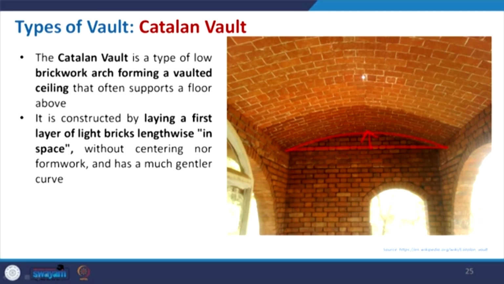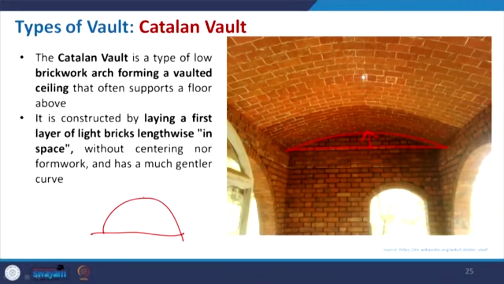This kind of vault is used where the upper portion of the vault is to be used, because whenever you increase the rise it will give you a better result, but definitely you cannot really use this space unless you fill it with some material. But if you make it almost flat, you can use minimum material to make it plain, and you can use the upper story. So, this is the example of the Catalan vault.